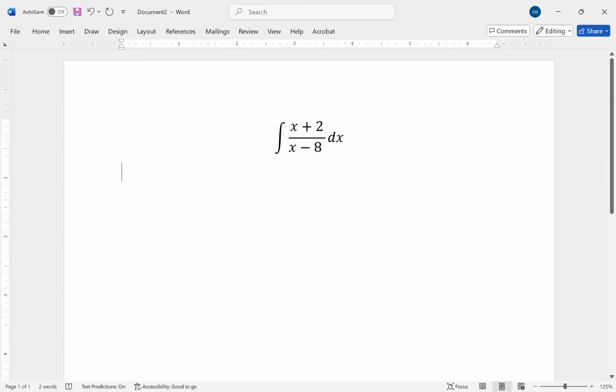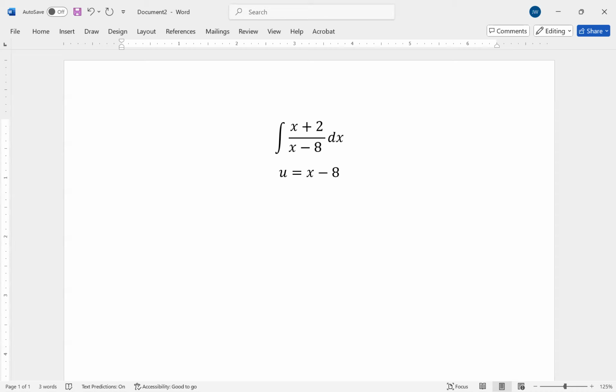We have a rational expression, and basically the idea here with substitution is that I can use the denominator in this instance. If I use the denominator of x minus 8 as my u, then I can do some nice algebraic techniques. I'll show you this in just a second.